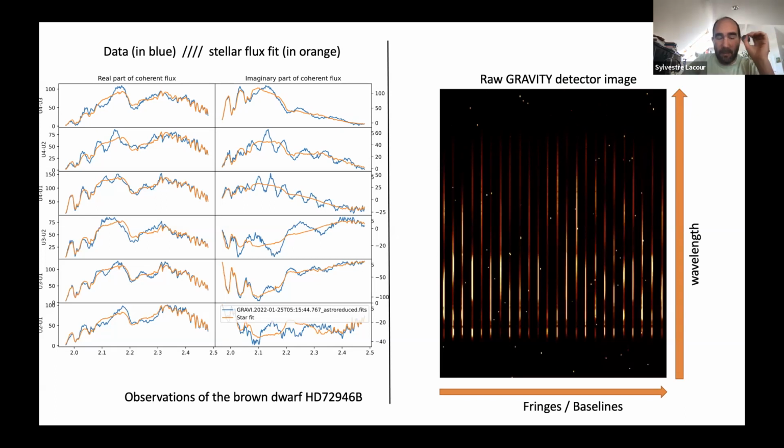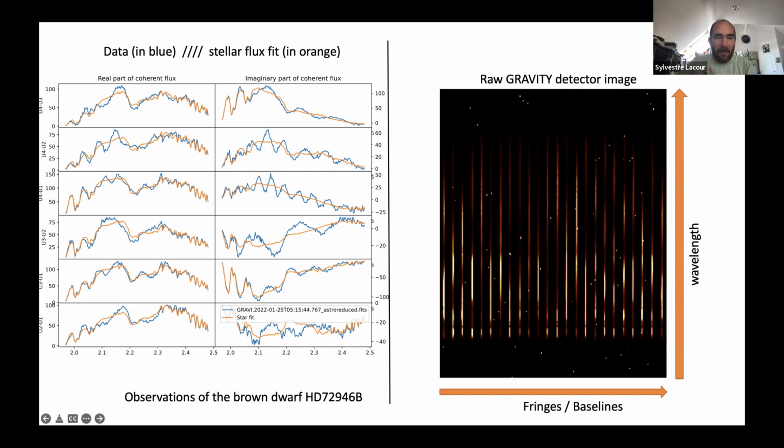And the first thing we do is to try to remove the contribution from the stellar leakage. And we know what the stellar leakage is because we observe it also on the fringe tracker. And later on, we will be observing the star itself by positioning the fiber on the star. So we have a model of how the coherent flux would look on the star. For example, if you look at some feature like at 2.0 micron, you have the atmospheric, the telluric absorptions, and that can be quantified by observing the star itself.